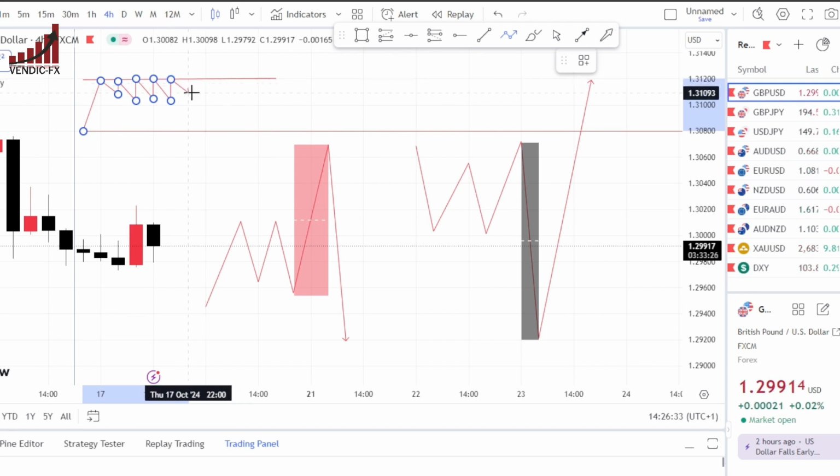Then you will see a candle breaking above those highs, and then later coming back.